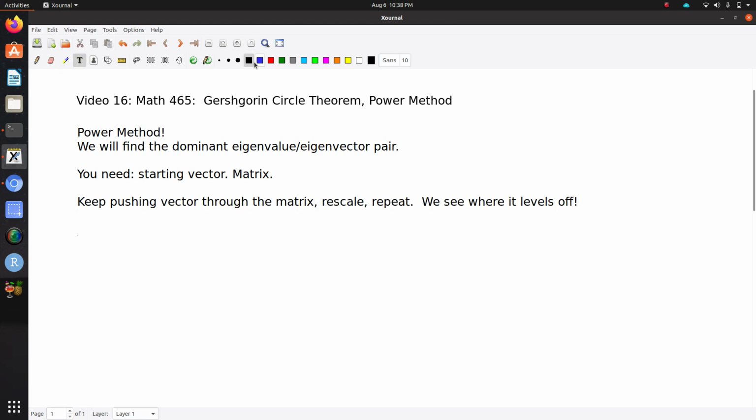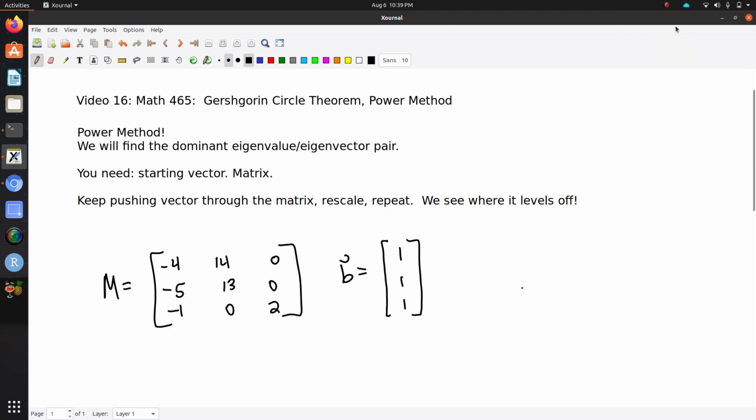So in your homework it's going to say do 3 of these and see where it stops. So you're not going to just go until you get to a certain accuracy. You're just going to do like 3 iterations and then say what you got. Alright, so for this example, we have a matrix and a vector as required. And now we're going to head over to Python and work on this.